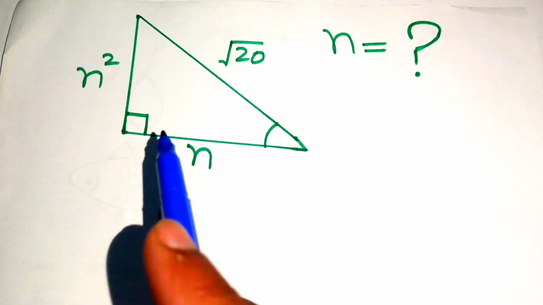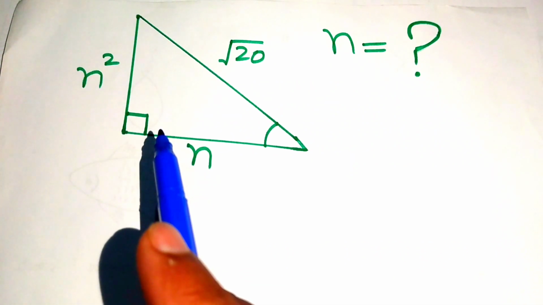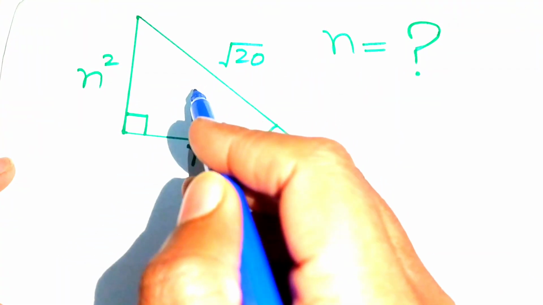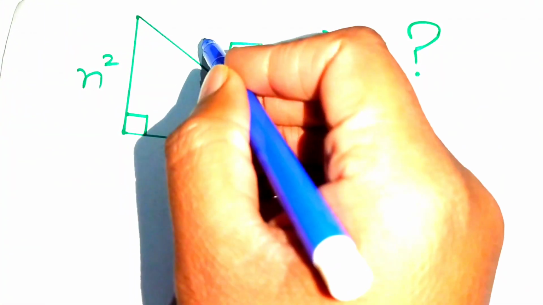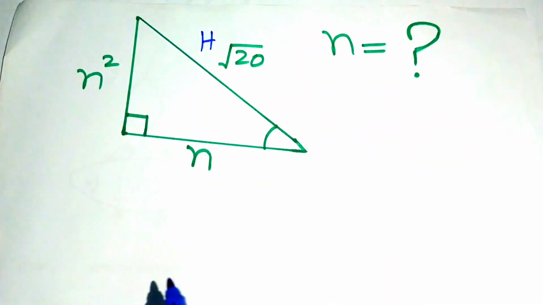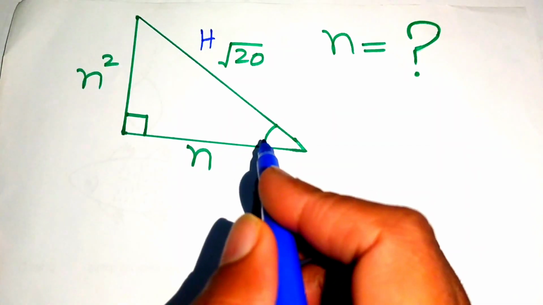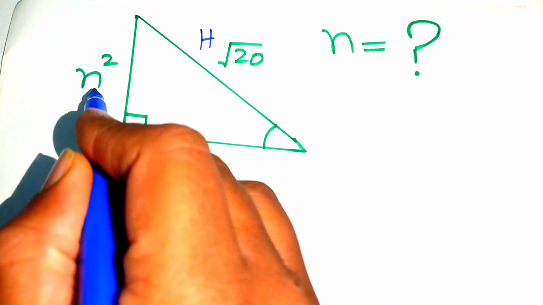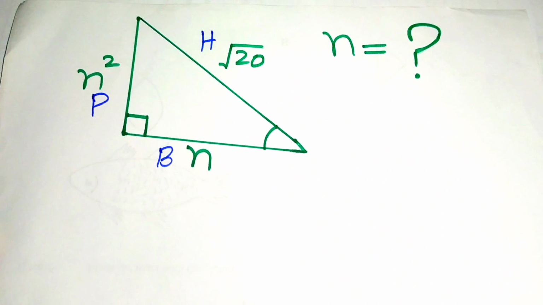So the very first thing we are going to do is focus on this diagram, and you see that this is a right triangle. The side opposite to the right angle is known as the hypotenuse, the side which joins these two angles is known as the base, and the third side is known as the perpendicular or altitude.